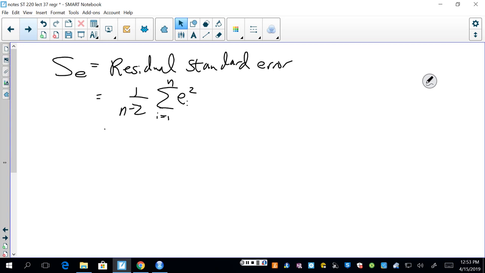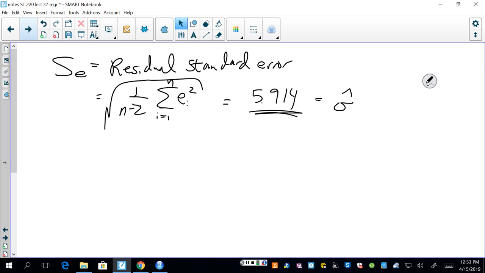It's the square root of the variance of the residuals. For the Old Faithful case, it's 5.914. And that is what we use to estimate that variance in that regression.